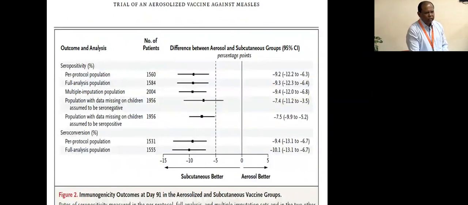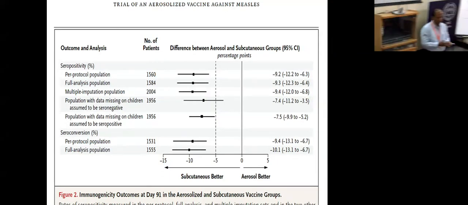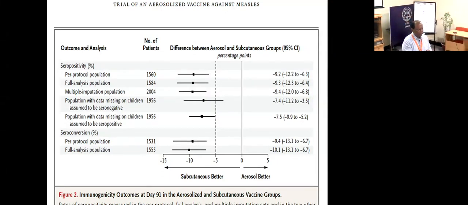The WHO wanted to have a non-inferiority margin of 5%. Zero conversion rate, 90% was fixed. Non-inferiority margin was 5%. Look at each outcome, that is per protocol analysis and intention to treat analysis and so on, the various ways of doing the analysis. Okay.